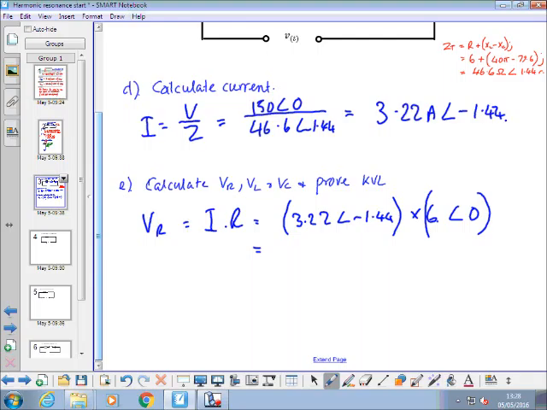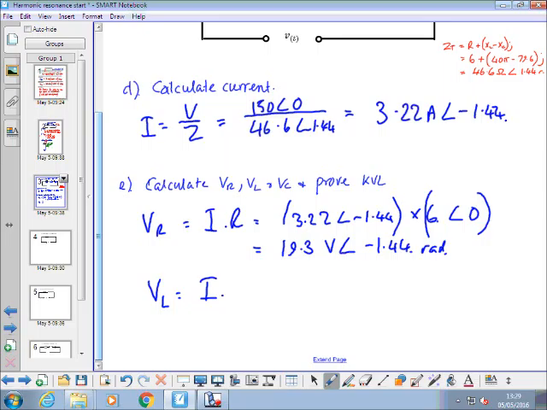So 6 times 3.22 is 19.3 volts angle minus 1.44. If you don't include the degree symbol, radians are implied.